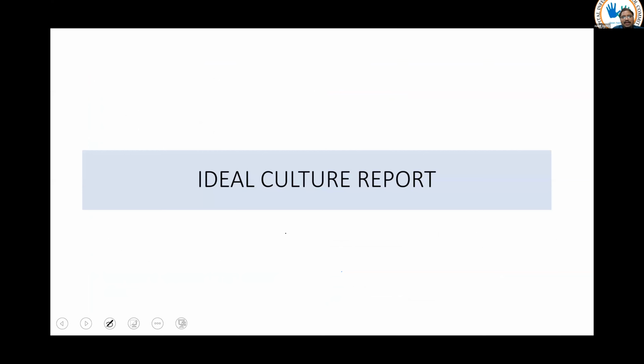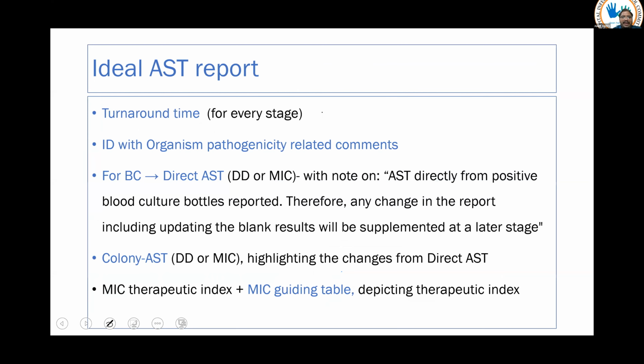And regarding this, we have a concept of ideal, near ideal culture report. So you should mention these things. So it's not about our knowledge. Okay, we will take this ideal culture report also. We are going to discuss it subsequently.